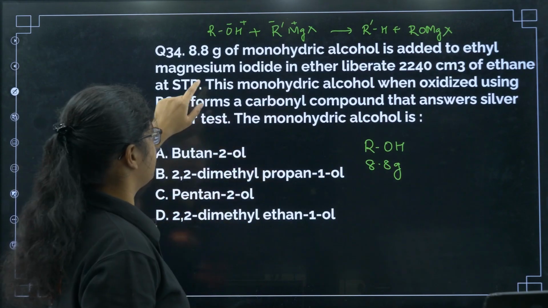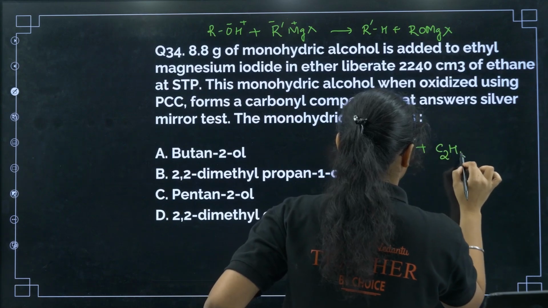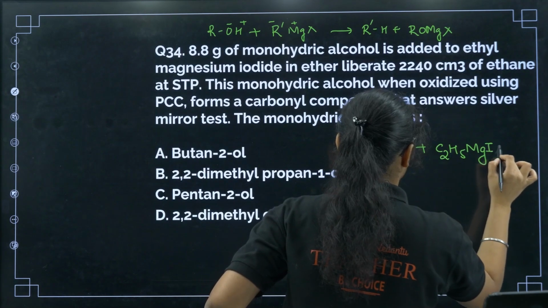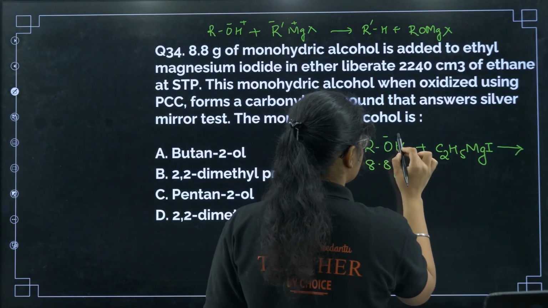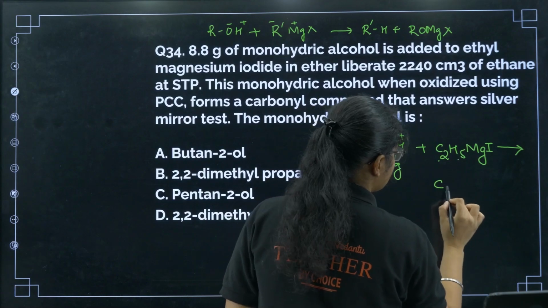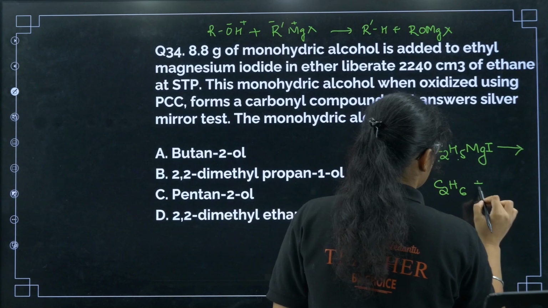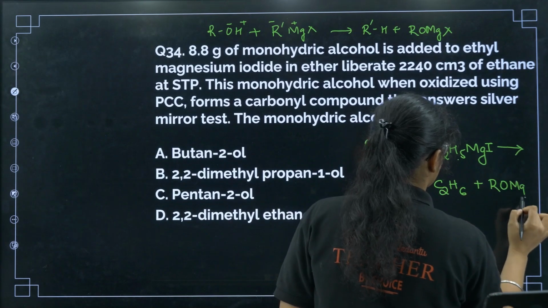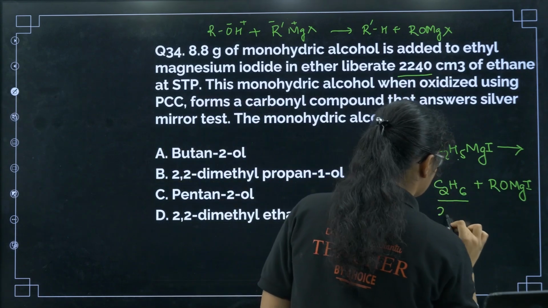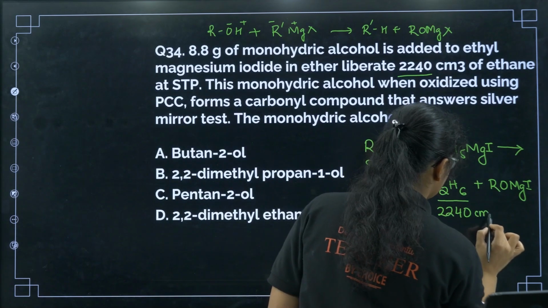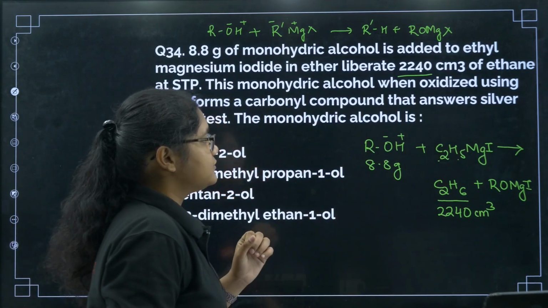Now in the given question, if you add ethyl magnesium iodide in ether, I will have C2H6 plus ROMgI. Now the volume of C2H6 is 2240 centimeter cube.